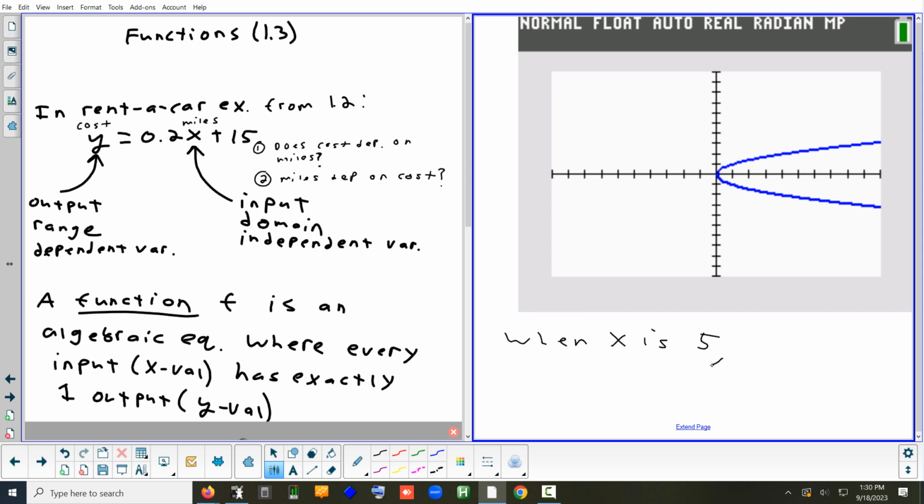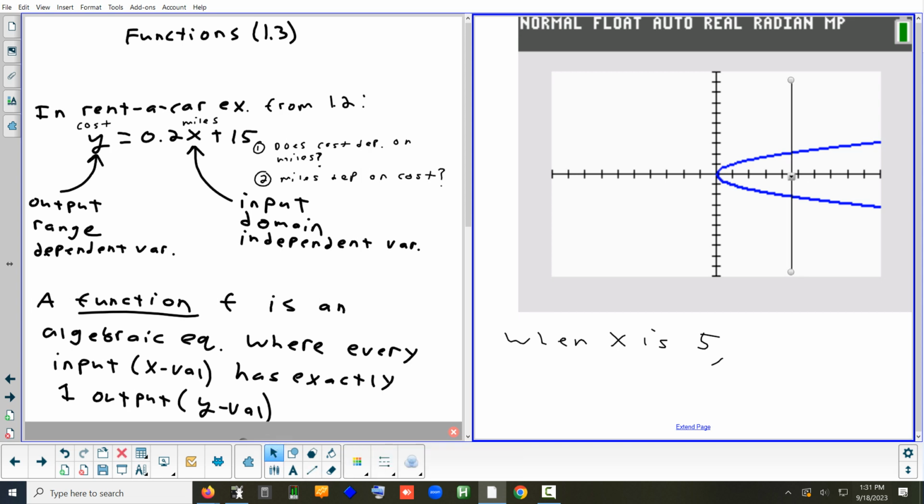Just say to the nearest integer. You don't have to say like 1.3. Just 1, 2, 3. So when x is 5, to tell exactly, 1, 2, 3, 4, 5, put a line at 5.